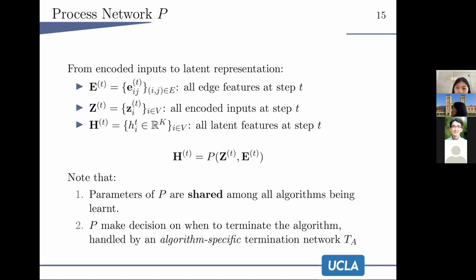But they claim that algorithms are executed simultaneously, and also claim that the processor network is shared among all algorithms. So according to my understanding, H actually takes in all of these from all the different tasks. Okay, so HT will be shared. Yes. Okay.